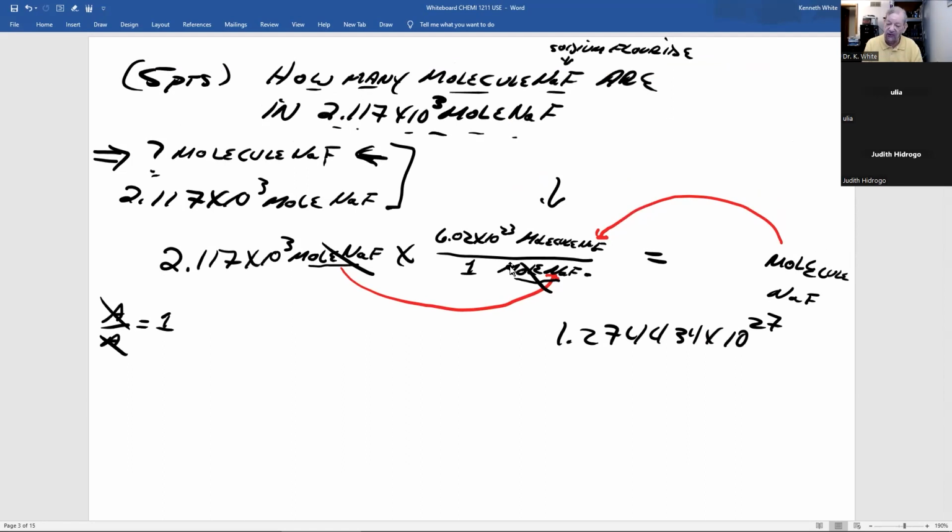1.274434 times 10 to the 27th is not the correct answer because you haven't used proper significant figures. On test 2, like test 1, it will say underneath your name, please use proper significant figures for all calculated answers, which this is. For multiplication and division, you get the same number of significant figures in your answer as the number you multiply and divide by that has the fewest significant figures.